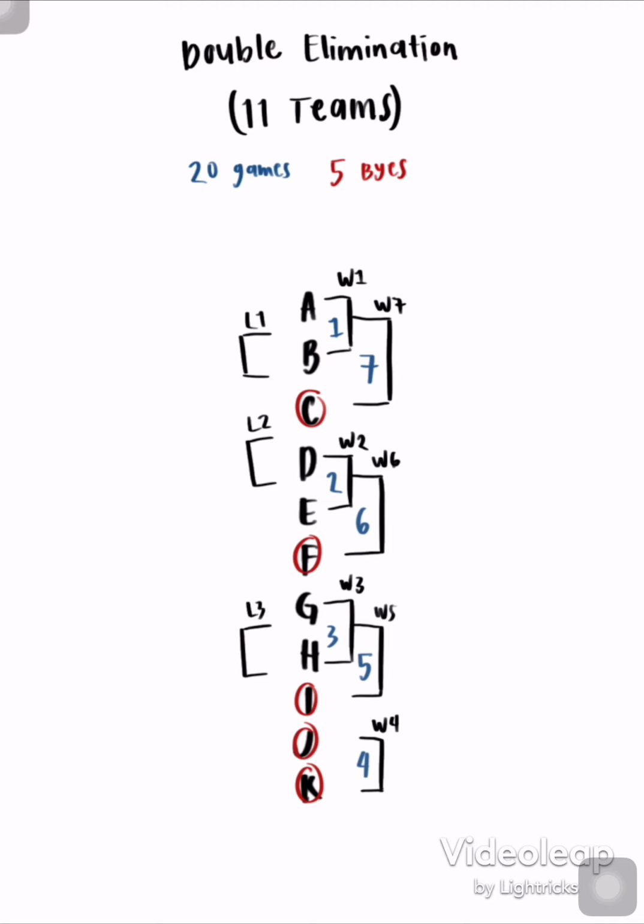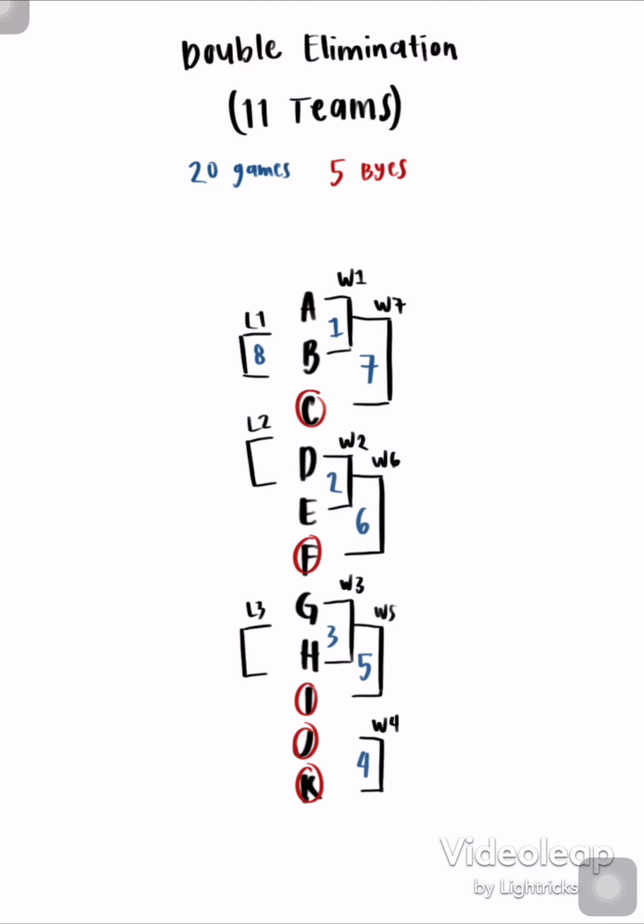So over here I'm going to label this as game 8. What's going to happen in game 8 is that loser 1, which means the loser from game 1, and loser 6 will compete.